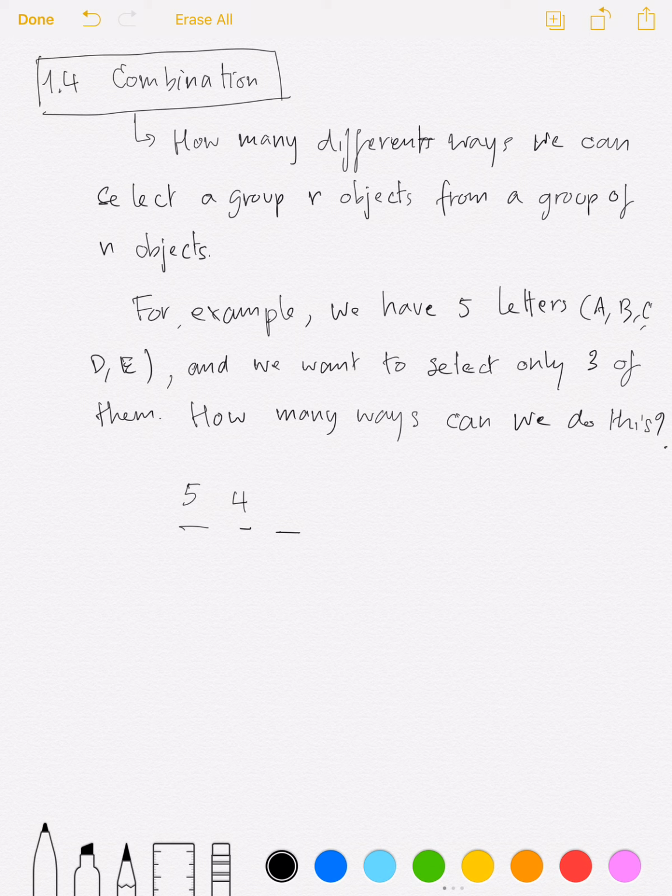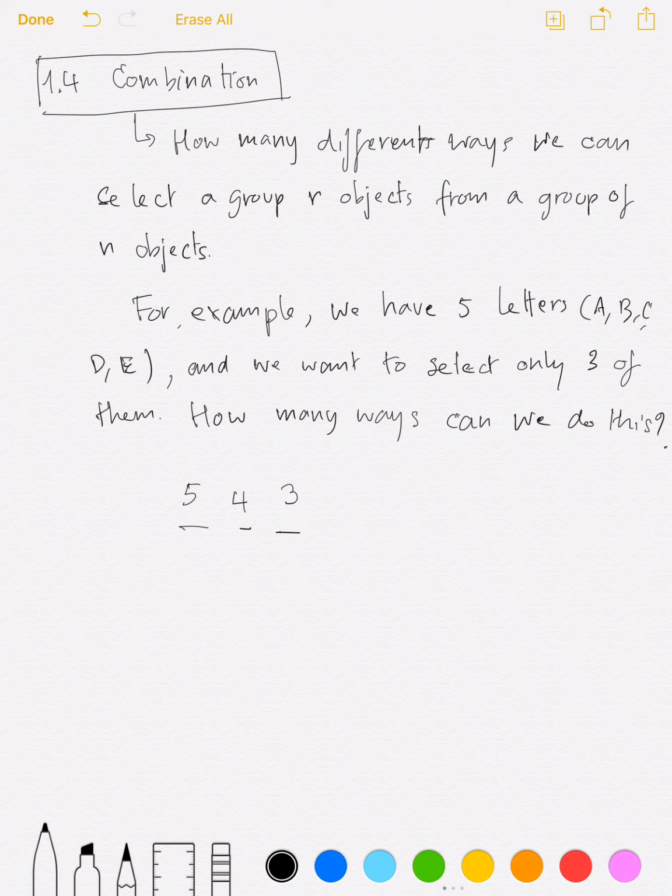Then the third position has only 3 possibilities, because you already selected 1 in the first position and 1 in the second.